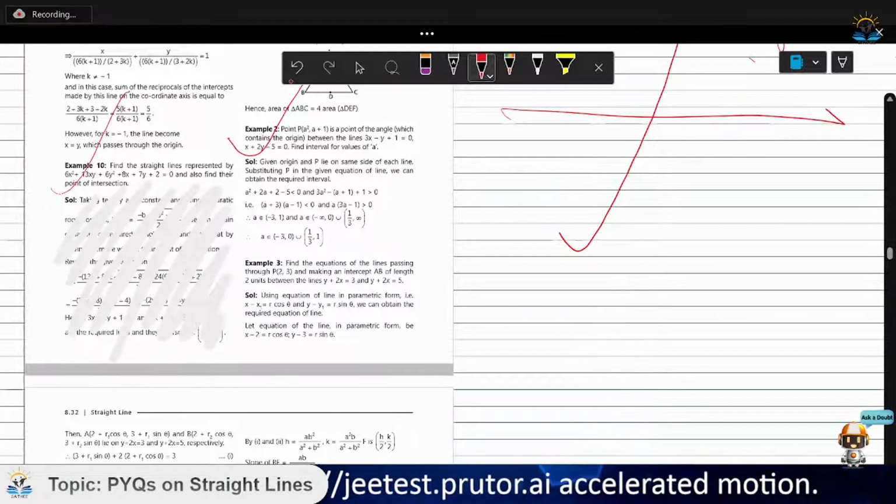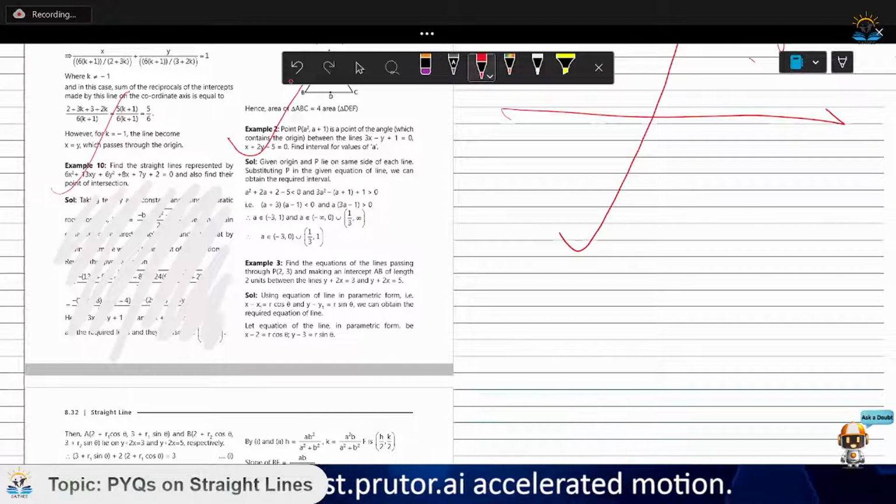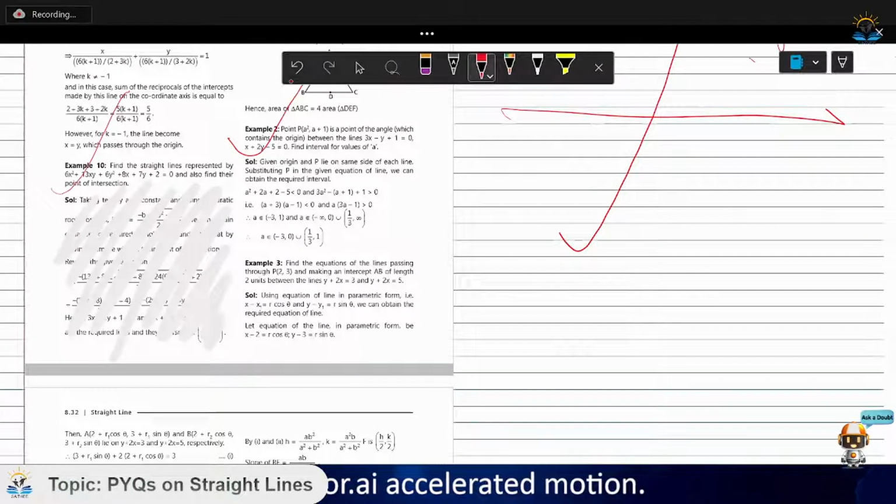Find the equation of the line passing through P, making an intercept AB of length 2 units between the lines this and this. Okay, so find the equation of the line passing through P, making an intercept AB.